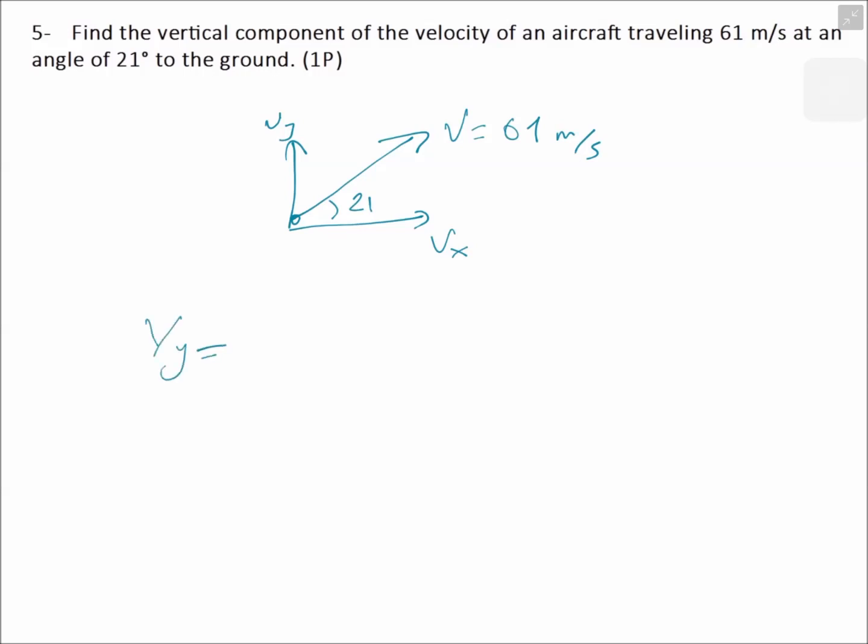And Vy here equals V times sine theta. That means V is 61 times sine 21. So 61 times 0.36, so it will be 21.86 meters per second. This is the answer of the fifth question.